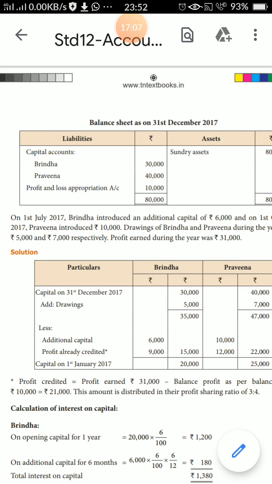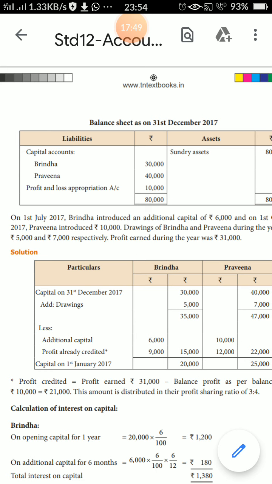Next, calculation of interest on capital. Brinda's opening capital is 20,000 into 6 by 100, giving 1,200. The additional capital of 6,000 is for 6 months, so the average period is 6 by 12: 6,000 into 6 by 100 into 6 by 12, giving 180 rupees.